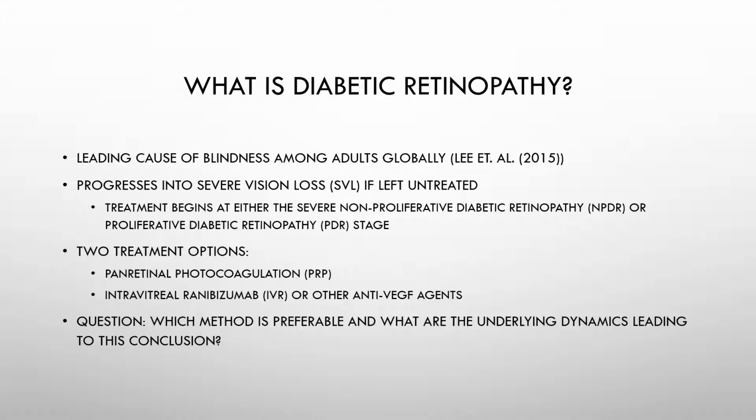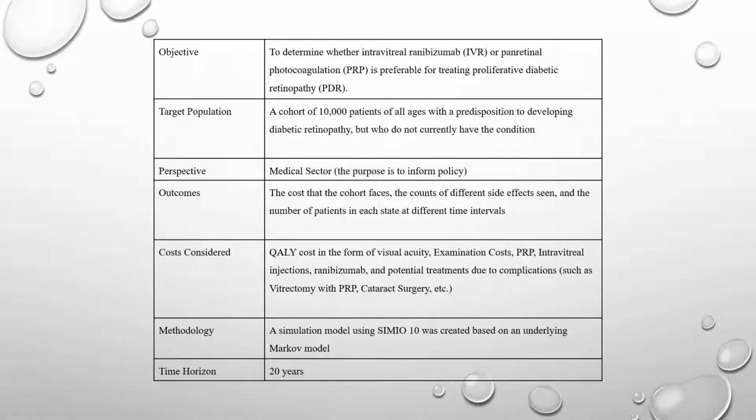So the question this research study is looking at is which method is preferable, why, and what are the underlying dynamics leading to that conclusion. This table covers some of what we just talked about, but also provides a preview of the remainder of the presentation. The key takeaway is that this is a Markov model underlying a simulation model built in Simio.